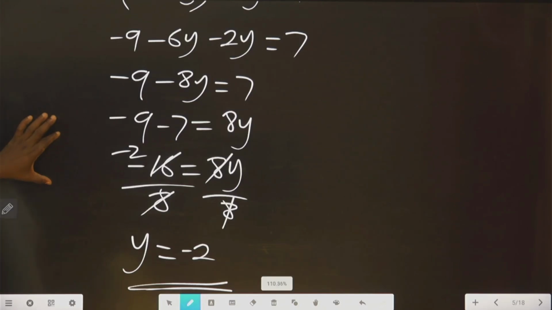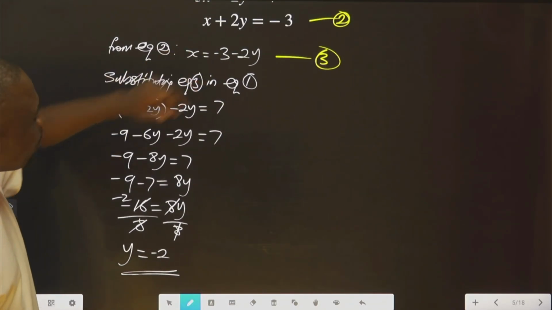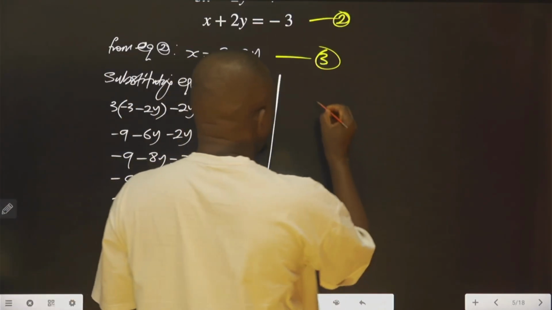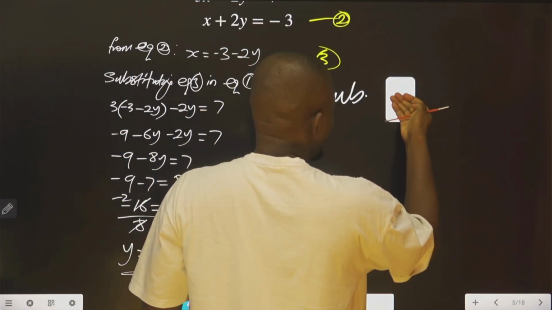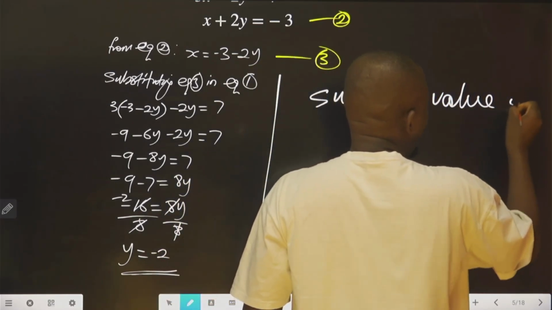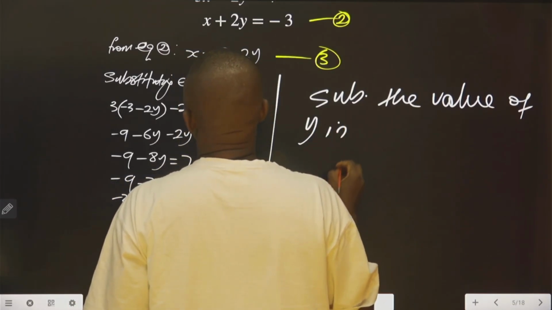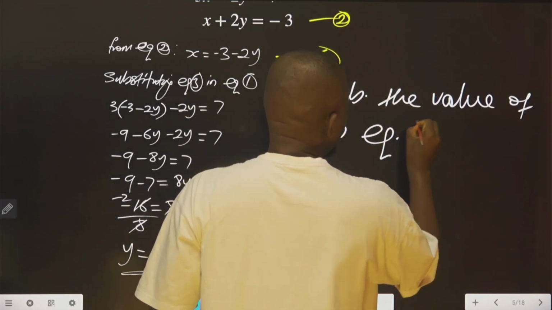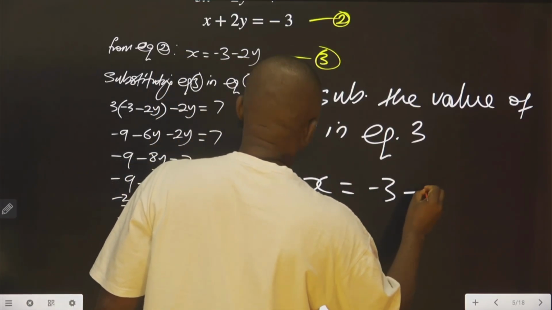Okay? Now that we have y, we can now substitute the value of y in equation 3. So x therefore equals minus 3 minus 2.